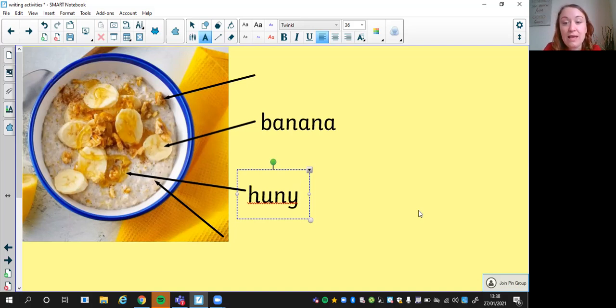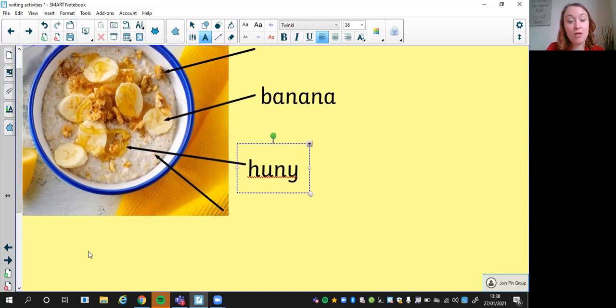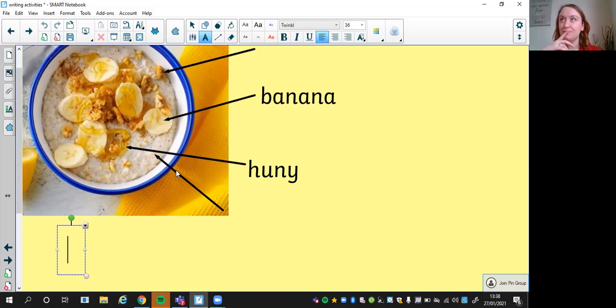You could tell me what it tasted like. You could tell me which bit was your favourite. I wonder if you could use the tricky word the to start your sentence. So, for example, you could tell me that the... how do we spell that? The. Can anyone remember how we spell the tricky word the? Did you get it?